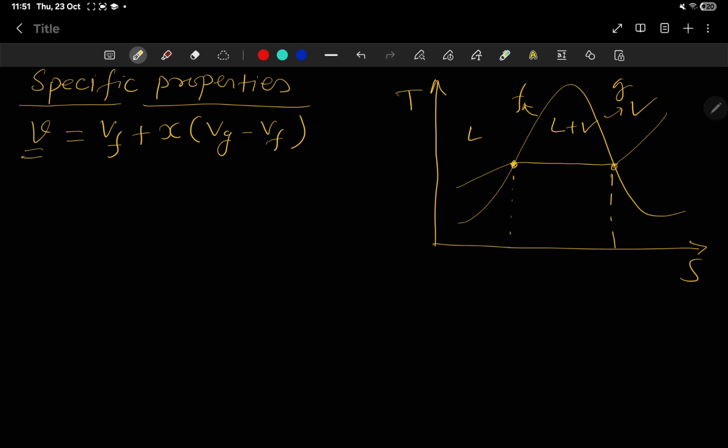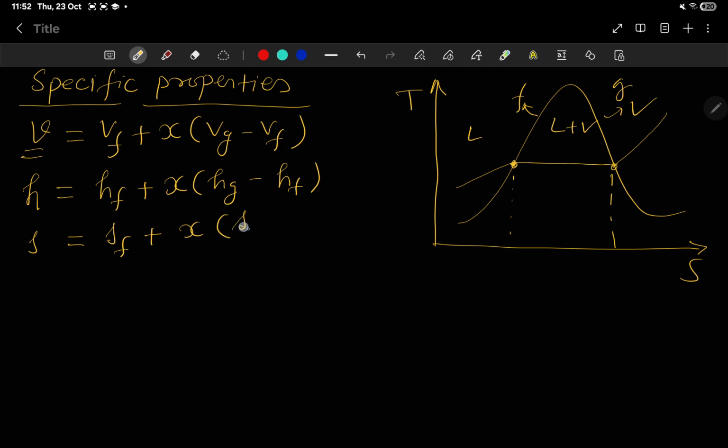Similarly, specific enthalpy in this region will be Hf plus x (Hg minus Hf), specific entropy will be Sf plus x (Sg minus Sf), and internal energy will be Uf plus x (Ug minus Uf).